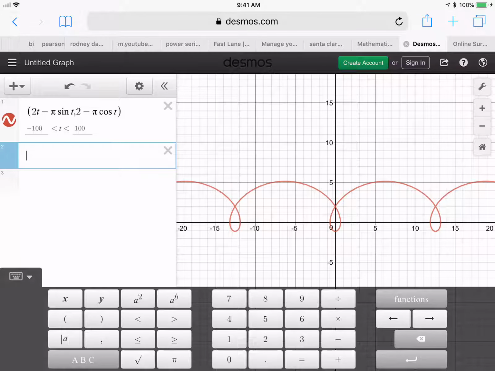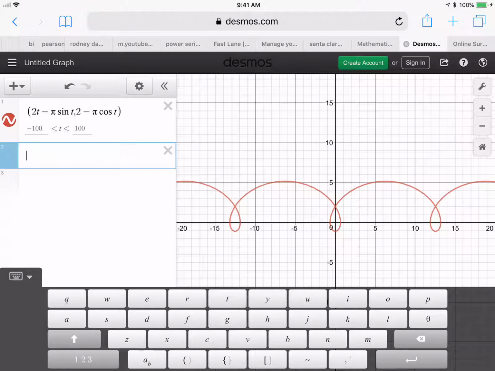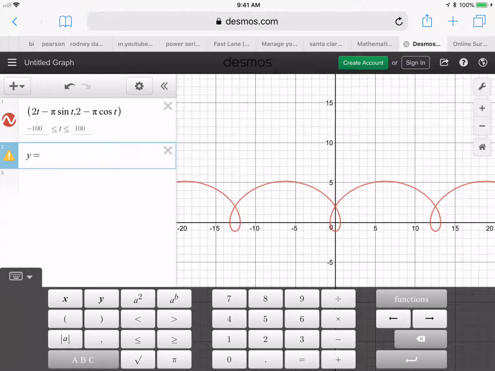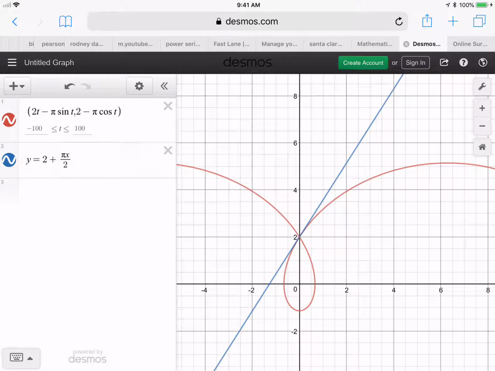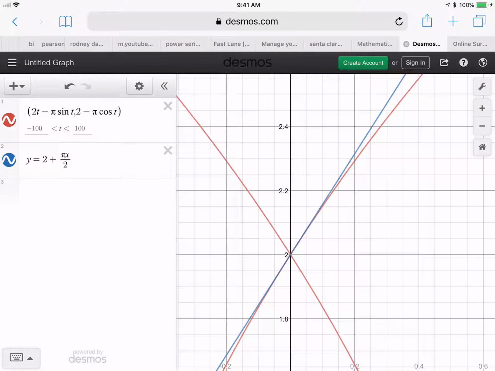And we could plug in y equals 2 plus pi x over 2. And isn't that looking pretty tangent?